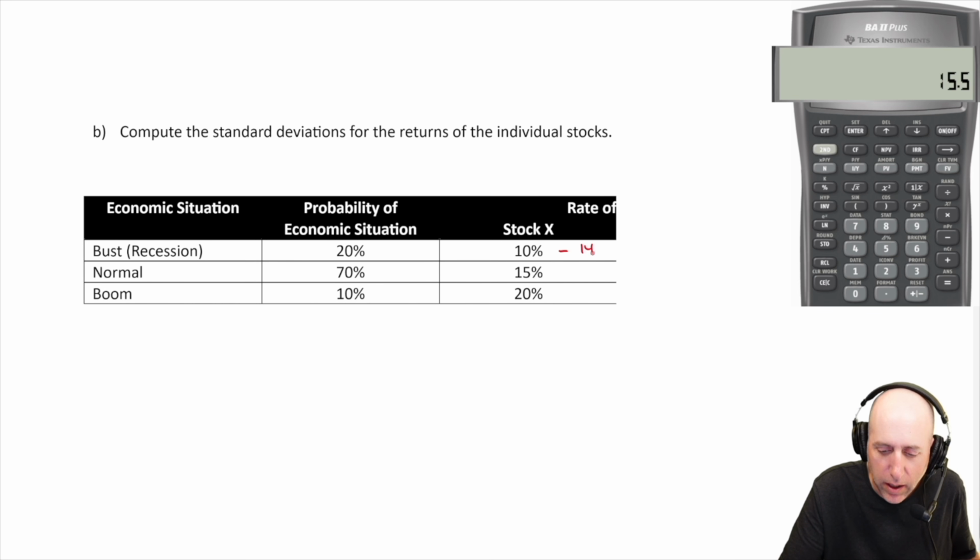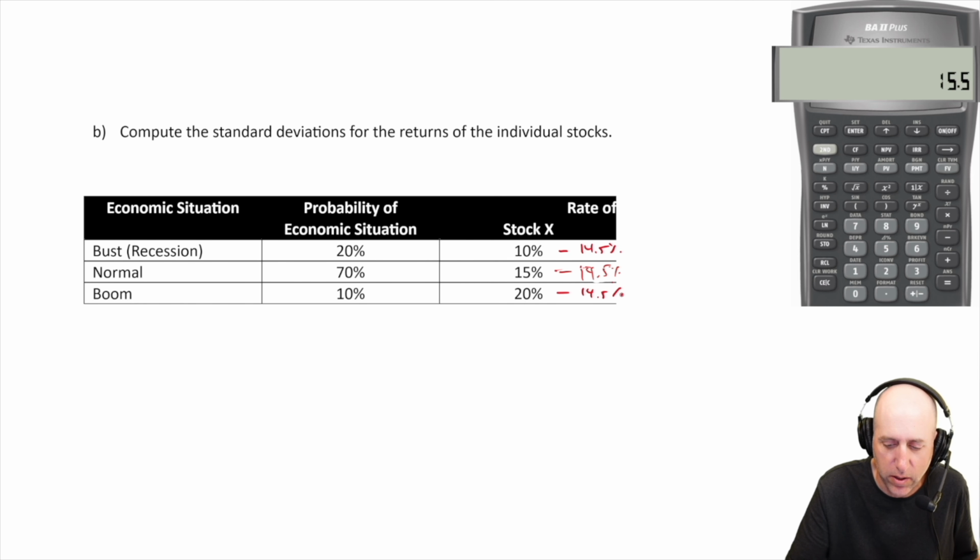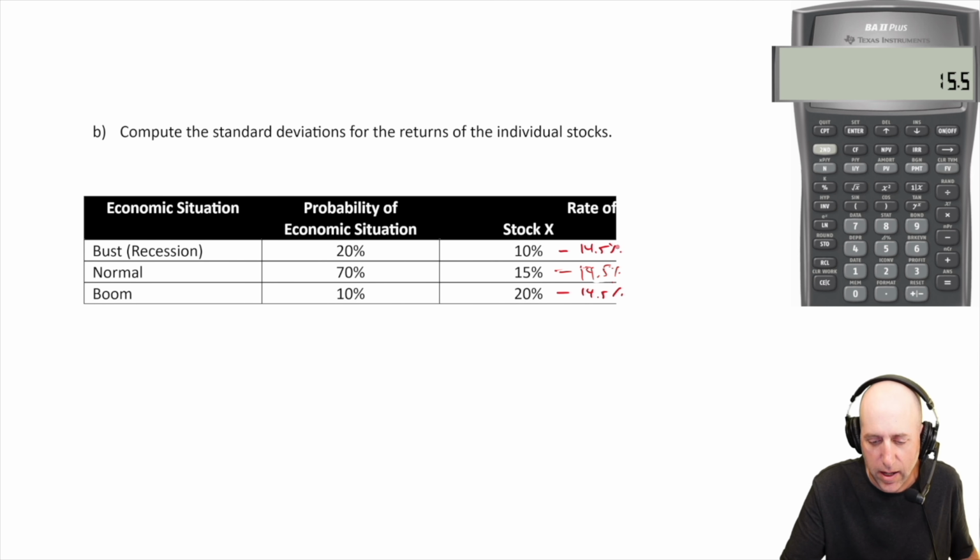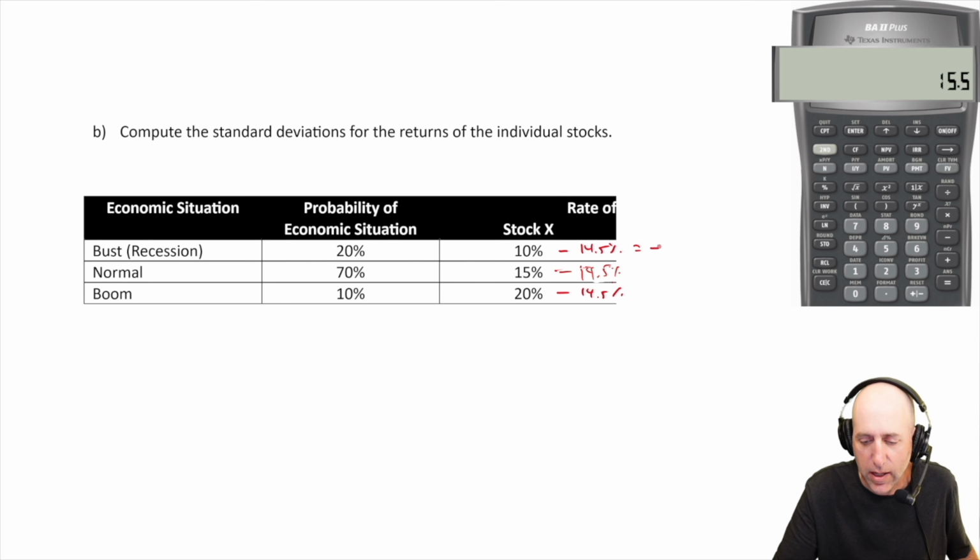So we deduct our expected return from the projected return in these various scenarios, and we get a difference. 10 minus 14.5 is negative 4.5%. 15 minus 14.5 is 0.5%. 20 minus 14.5 is positive 5.5%.